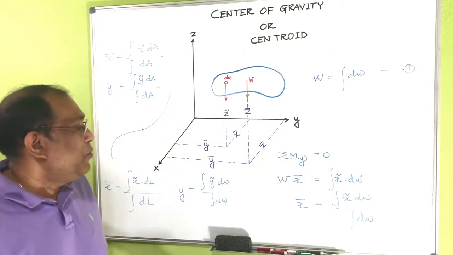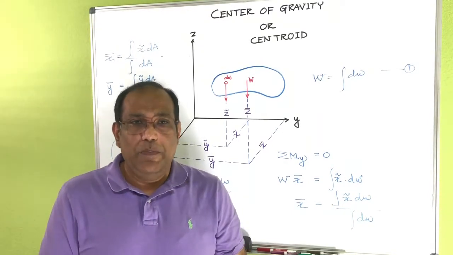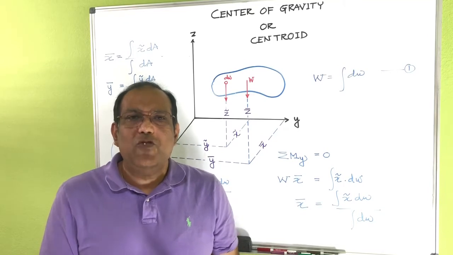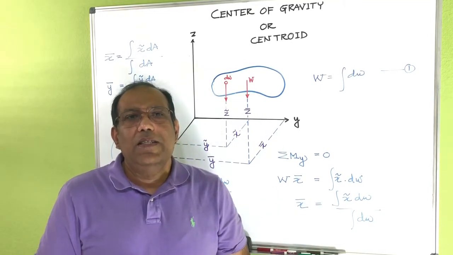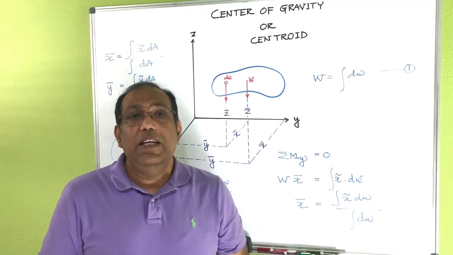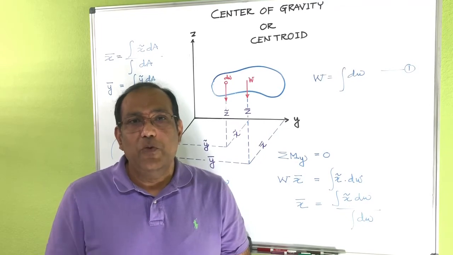That's the formula we are going to use in the first part of this chapter. Now let's see how we can use that formula to find the centroid or center of gravity for different structures. Okay, let's move forward.